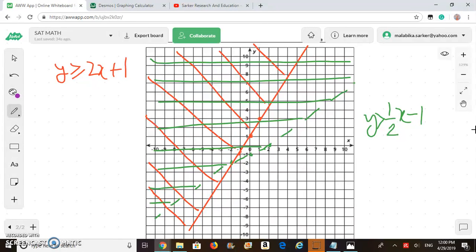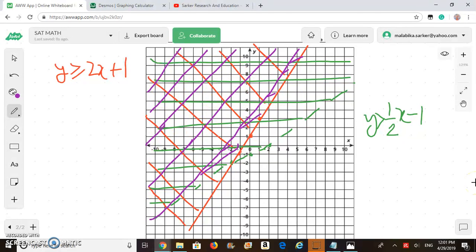So this region in purple denotes that all the solutions will lie within this region.